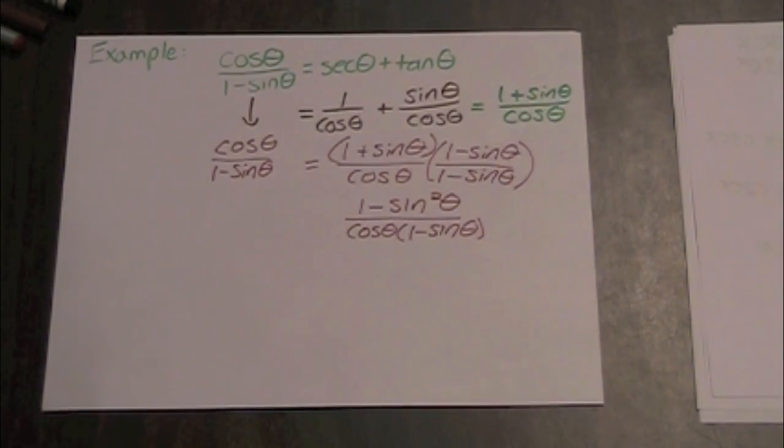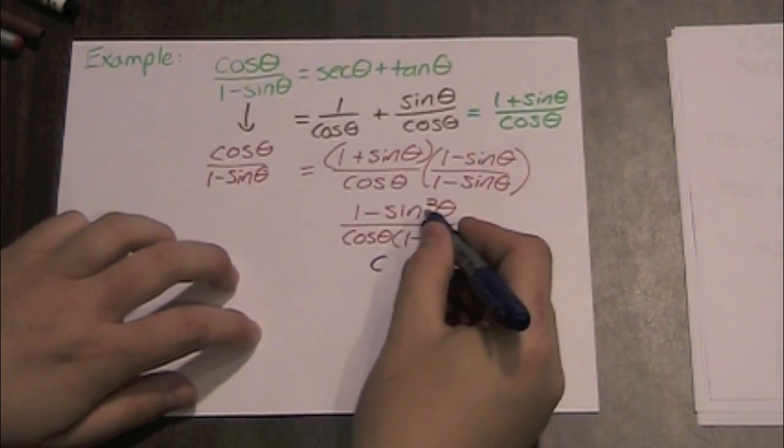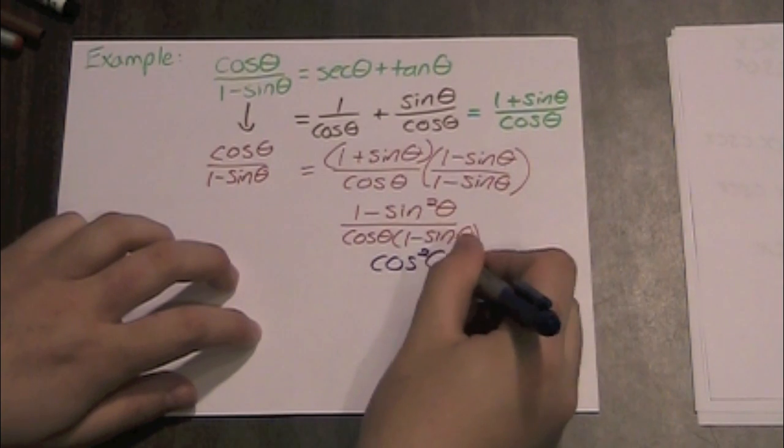We know from our Pythagorean identities that 1 minus sine squared theta is the same thing as cosine squared of theta.